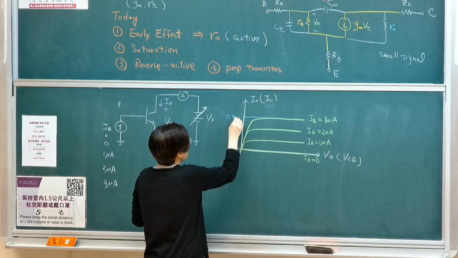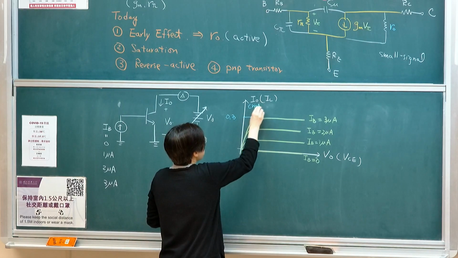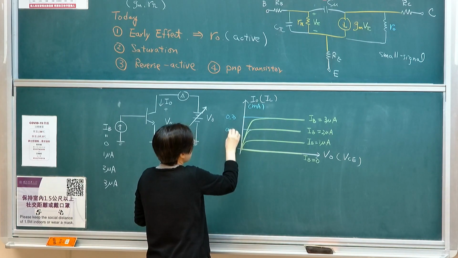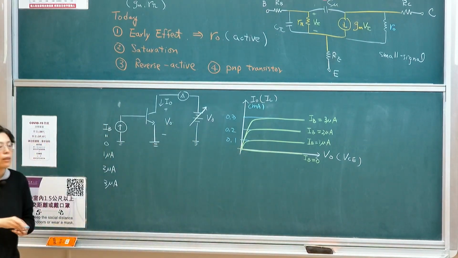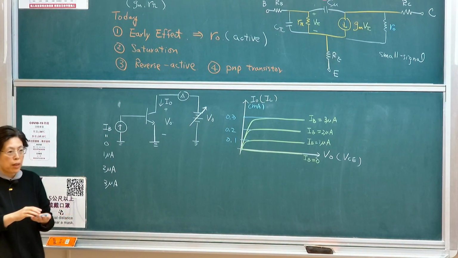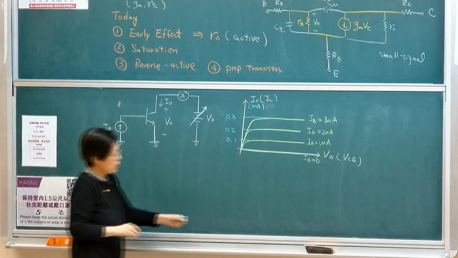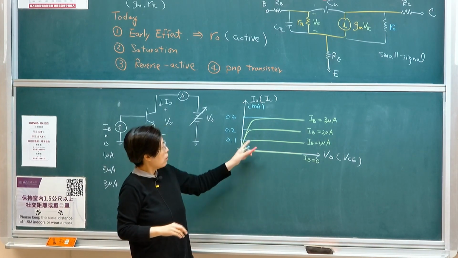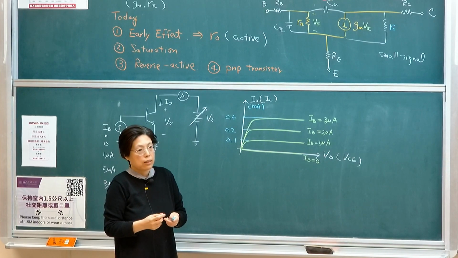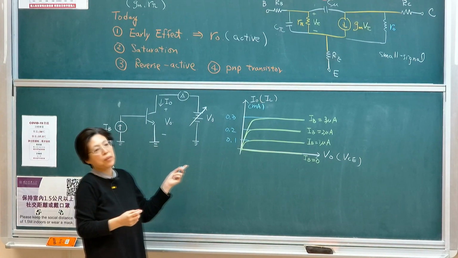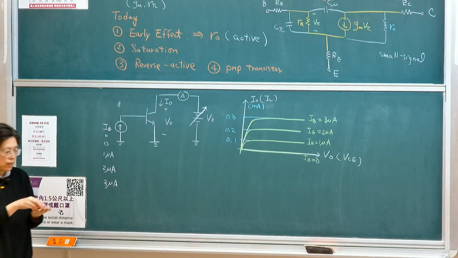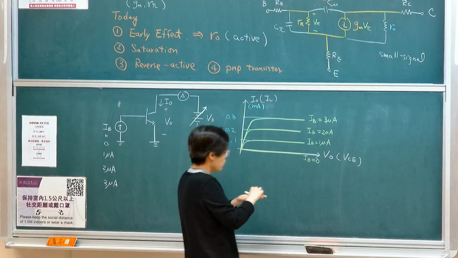If I'm doing this type of test, this gives me 0.3 milliamp, 0.2, 0.1. If I give you this plot, you should be able to tell me what is beta. What is beta? The typical number we have already used. What is beta now? 100, correct.